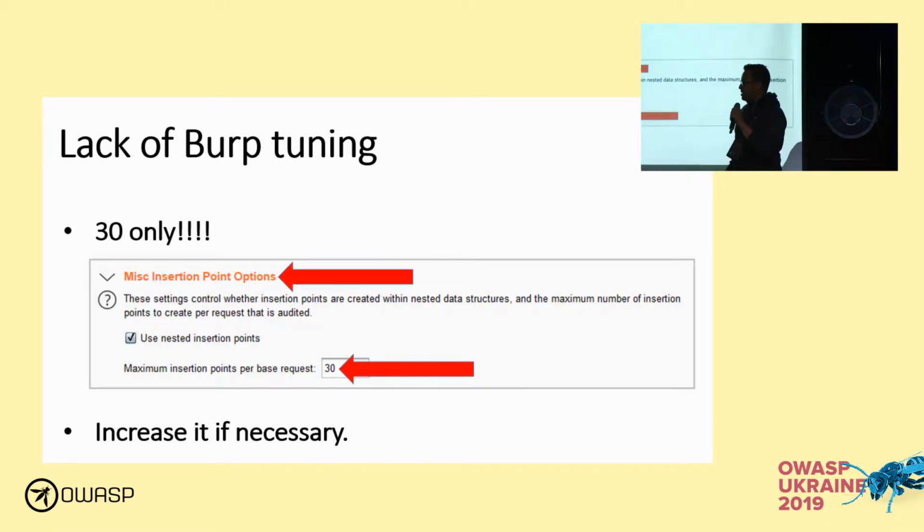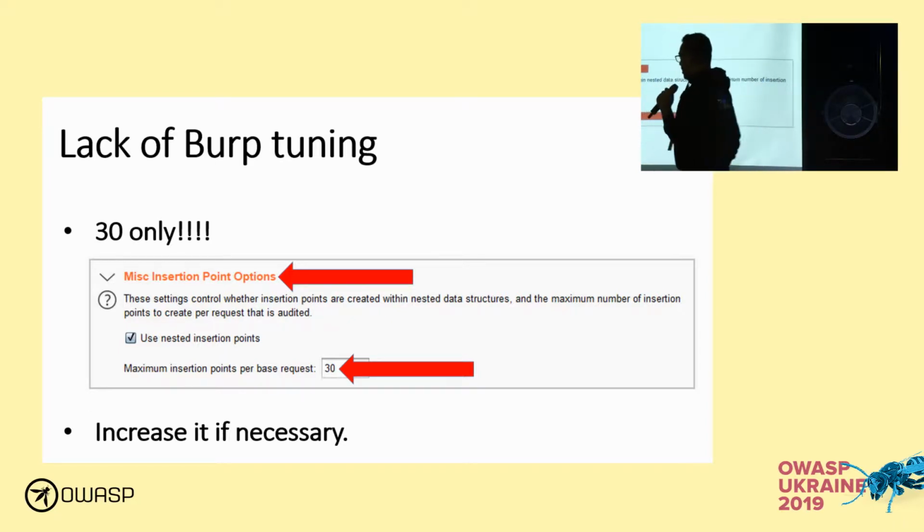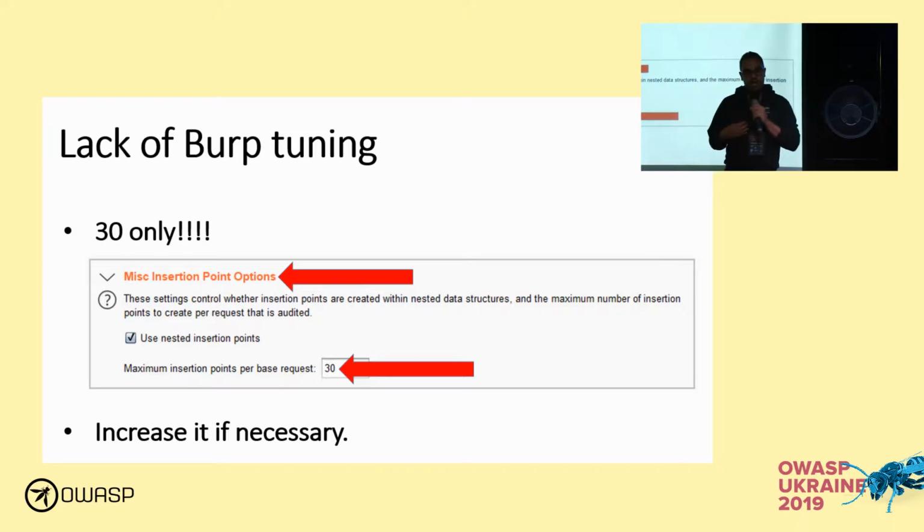It's 30 only. Nowadays, we have really big web applications, right? So these 30 points, in almost all my cases, are not enough. So what happens if you don't increase this number?